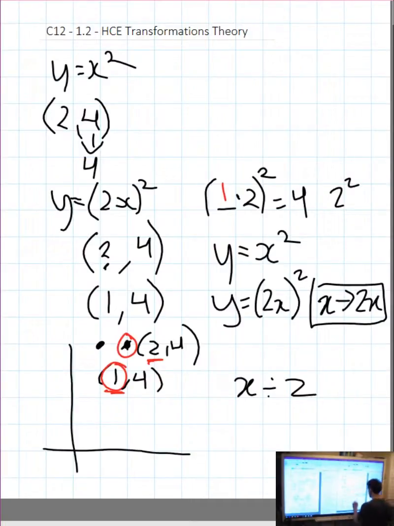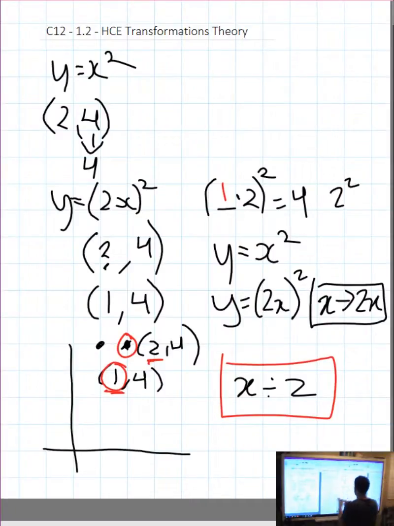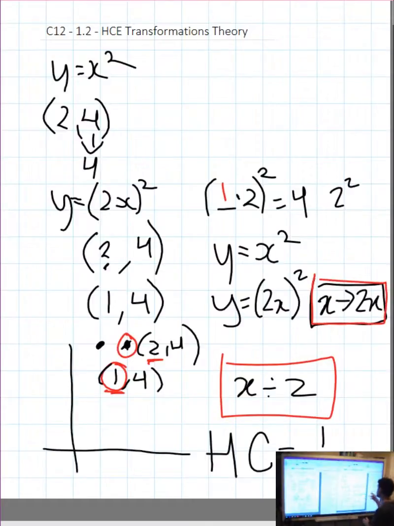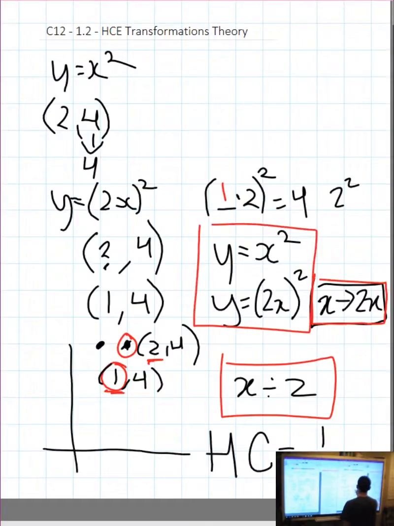So again, if I want to divide the x values by 2 or do a horizontal compression equaling 1/2, I simply do the opposite operation and I substitute x with 2x, taking the old function y equals x squared and substituting 2x in for x. Again, substituting the opposite operation for the variable.